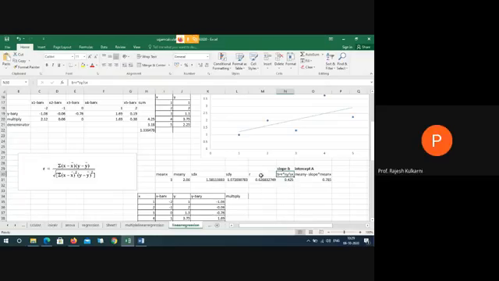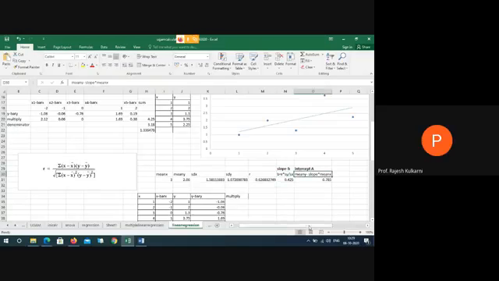R is the correlation coefficient. SY is the standard deviation of Y, calculated as the square root of the variance. SX is the standard deviation of X, the square root of the variance of X.